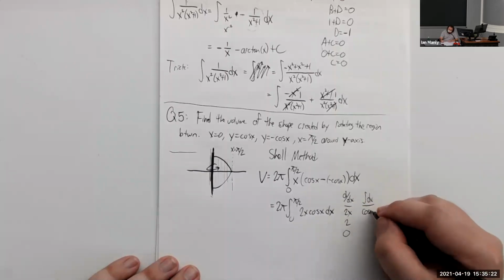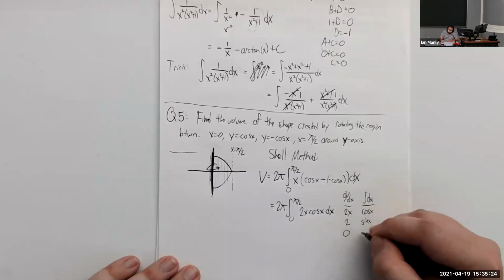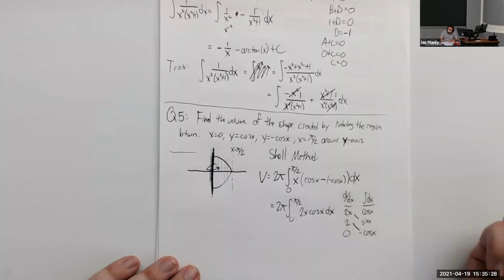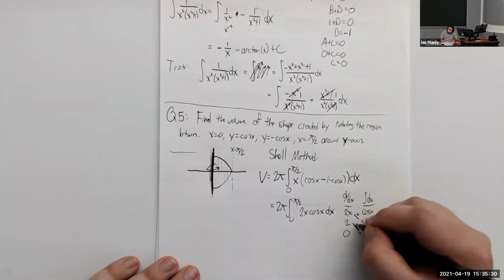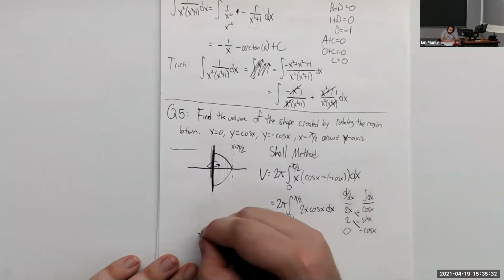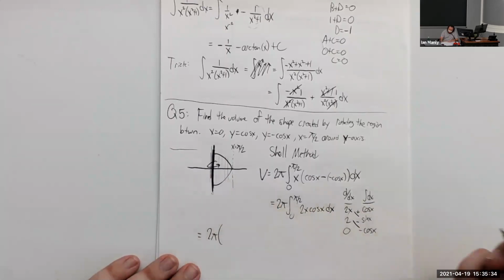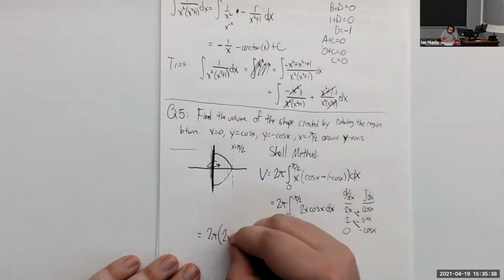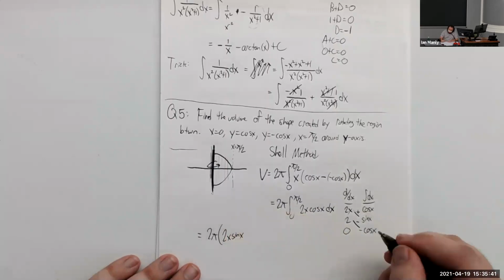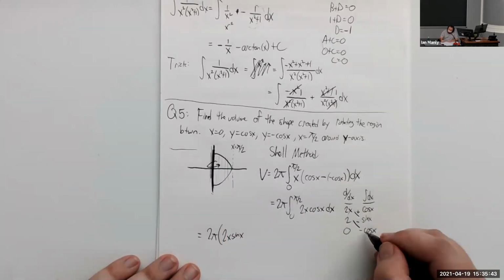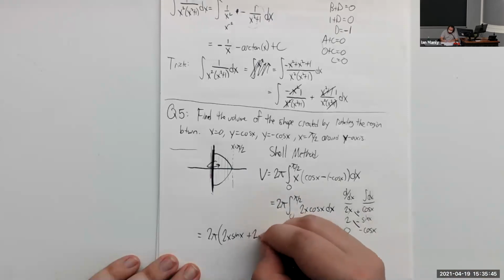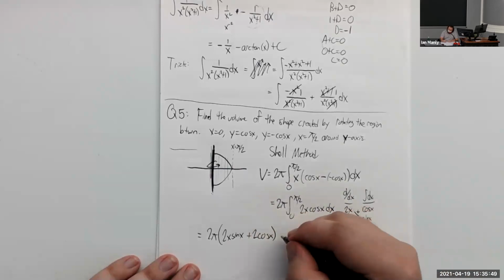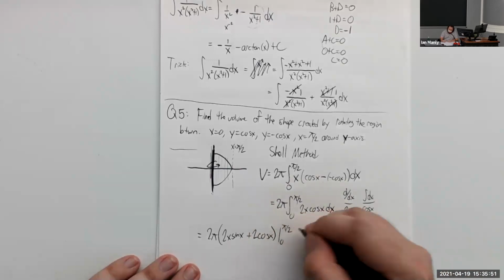We have cosine of x, sine of x, and negative cosine of x. This one is positive, this is negative. So we have the 2 pi out in front, and then 2x sine of x plus 2 cosine of x, from 0 to pi over 2.